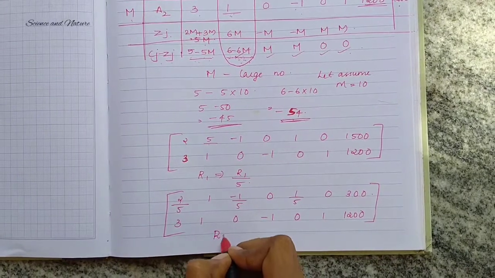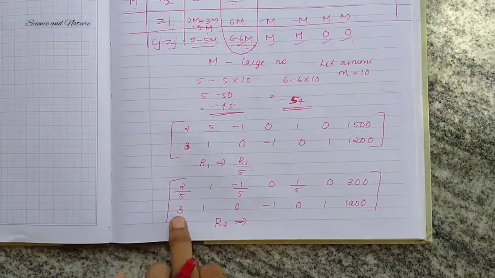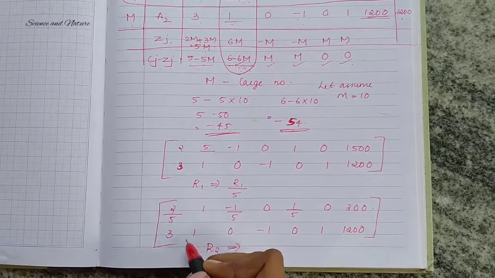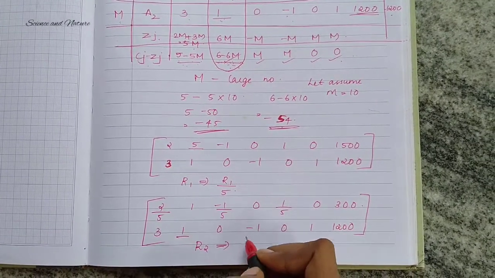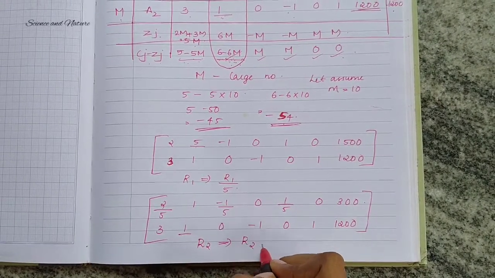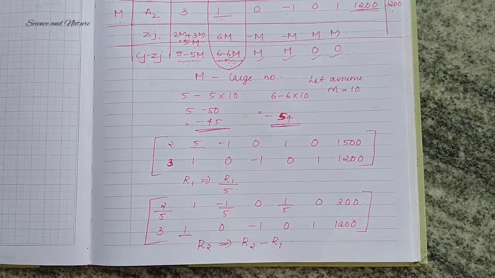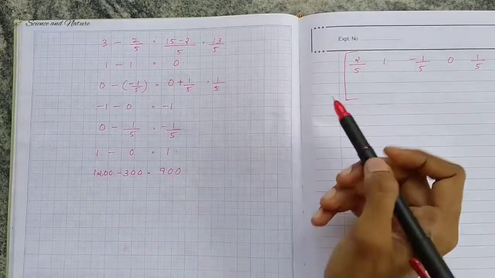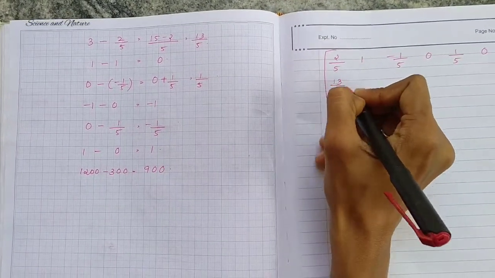Then R2 should be changed to 0. In order to change the 1 to 0, we should do the matrix operation, that is R2 implies R2 minus R1. The first one is 3 minus 2 by 5, that is 13 by 5.